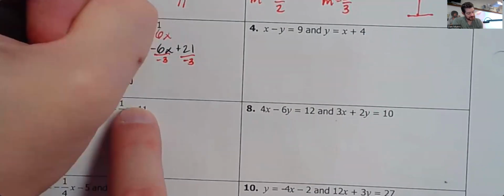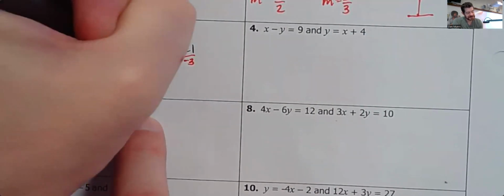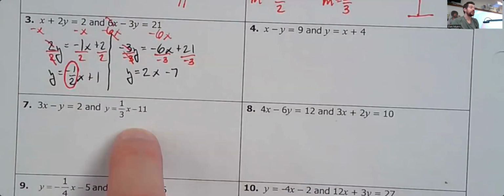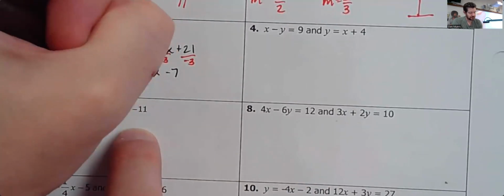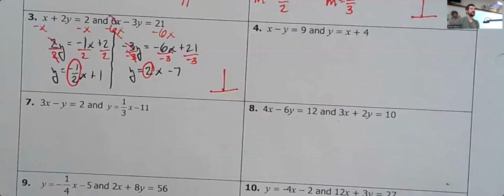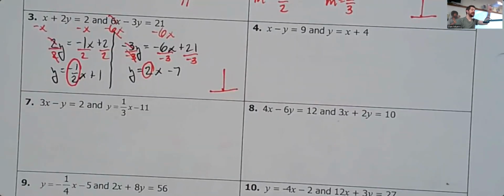And we're going to get y equals negative 6 divided by negative 3 is positive 2. So that'll be 2x. And then 21 divided by 3 is negative 7. But again, we only care about the slope here. It's positive 2. Those are perpendicular. Opposite reciprocal slopes mean perpendicular lines. We got a positive and a negative, and they are flipped over versions of the same fraction.